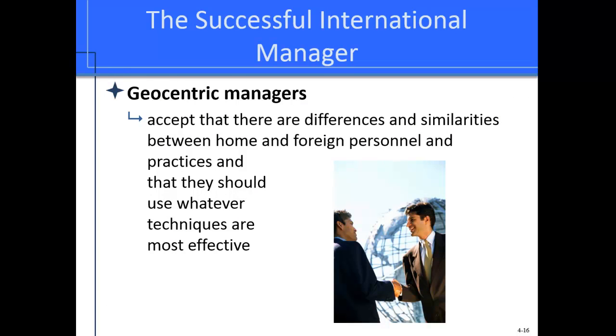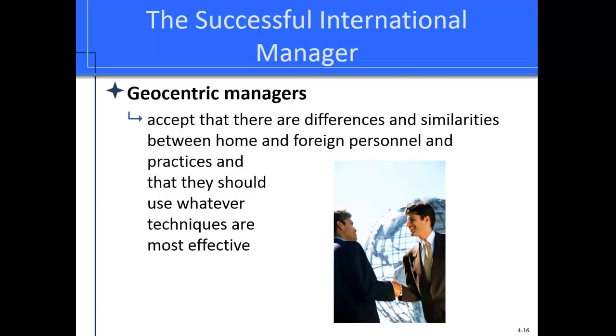Geocentric managers accept that there are differences and similarities between home and foreign personnel and practices, and they use whatever techniques are most effective for the business. This view takes more work, but the payoff can be far greater than either of the other two. You might think of geocentric managers as: what's best is what's effective, regardless of origin.